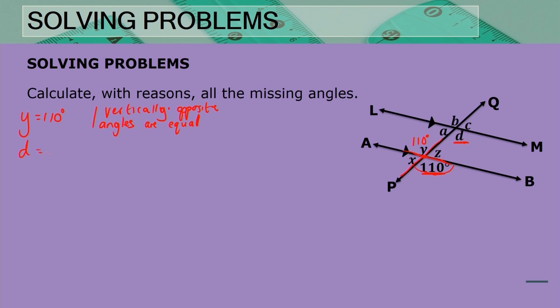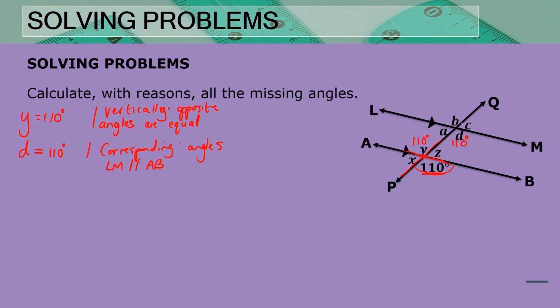So D is equal to 110 degrees, and this is because of the corresponding angles. And of course, they are equal because LM is parallel to AB. So we know that that angle there is equal to the 110 degrees.